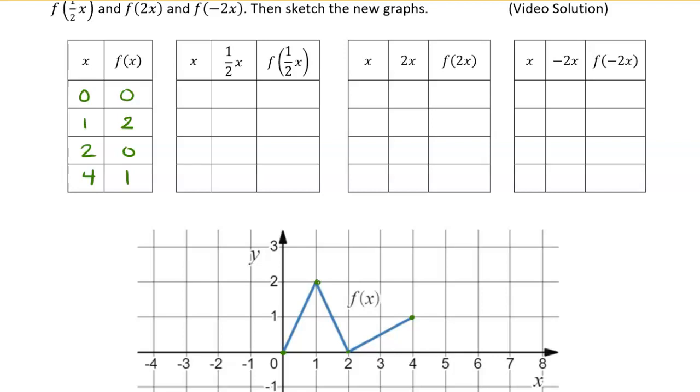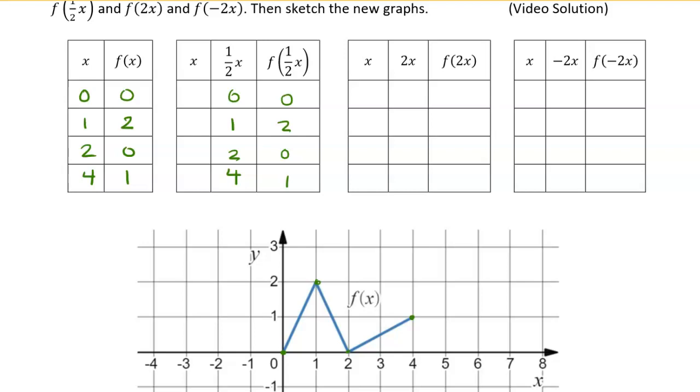So I'm going to use the same inputs, 0, 1, 2, and 4, because those are the inputs I know outputs for, given the table I just created. But remember, the input is 1/2 x instead of x. When the input is 0, I get 0, and when the input is 1, I get 2. I'm just copying the table that I have for f of x.